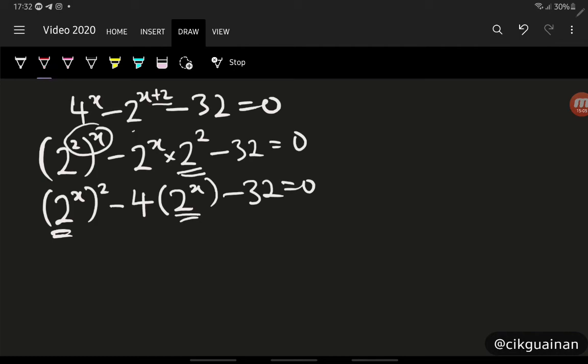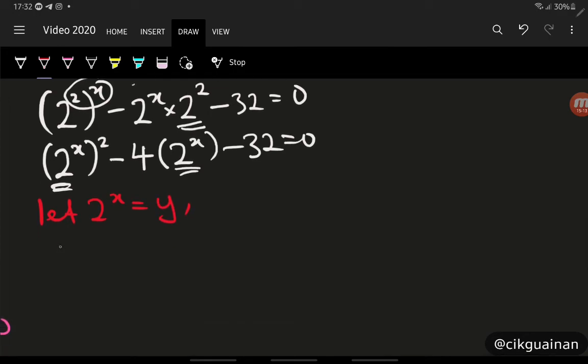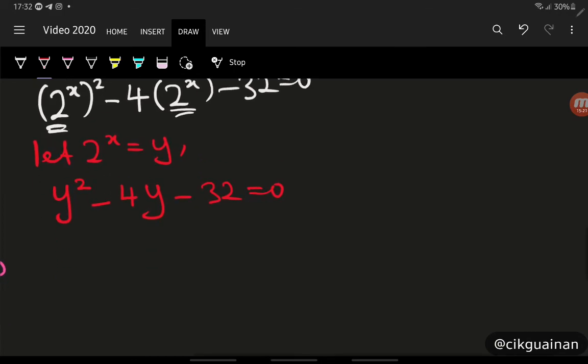Now this one we can substitute. Let 2^x equal y. So I have over there y squared, this one minus 4y minus 32. This one we can solve by using the calculator EQN or whatever tools you can use. Maybe Symbolab on the internet.